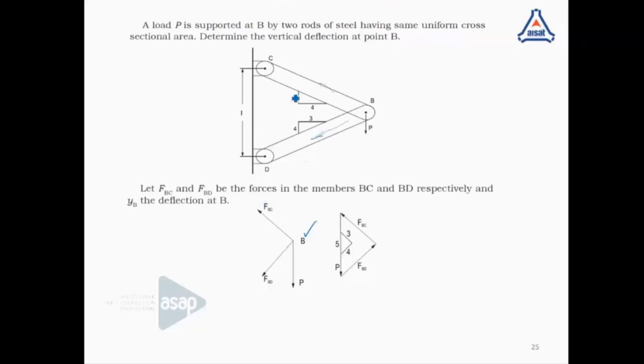Considering the slope of BD and BC, we can draw the free body diagram as a force triangle like this. The force P is acting like this, along with forces BD and BC.